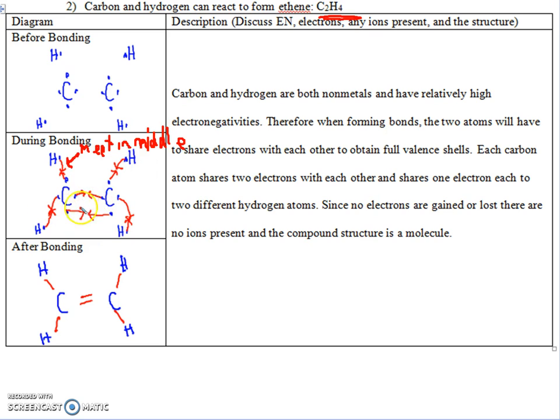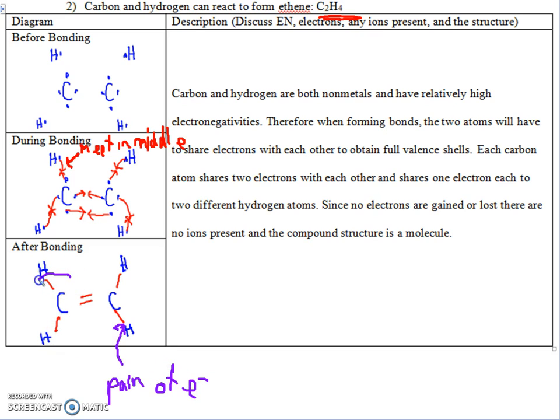Now notice what they do here in the middle with carbon. You see how they have 2 sets? Because if I just had 1, carbon would not get its 8 electrons that it needs. And so it actually needs 2 sets to bond together. Remember, when you see this little dash, it represents a pair of electrons. So this is a pair of electrons.